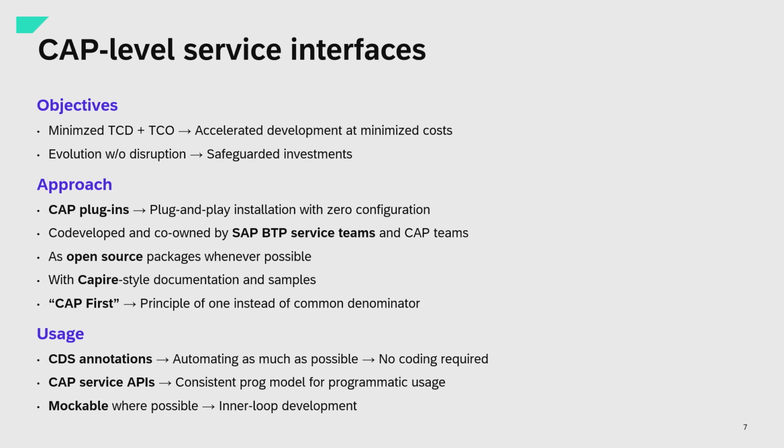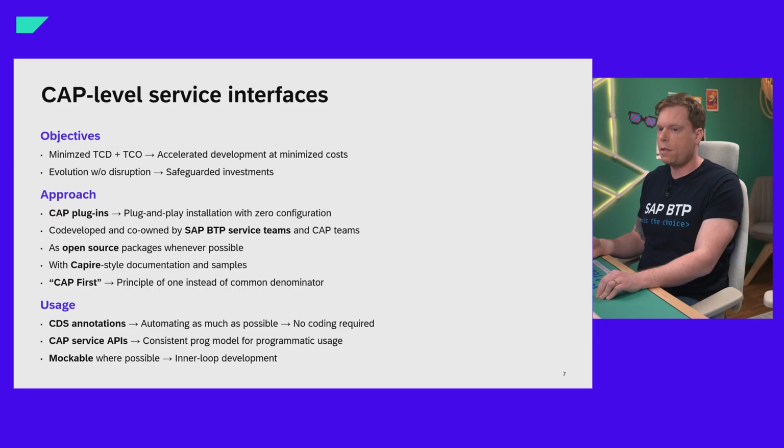Plugins are a plug-and-play installation with zero or near zero configuration effort on your side. They will be co-developed by us, the CAP teams, as well as the SAP service teams. We try to release them as open source packages whenever this is possible, and we provide Capire-style documentation, including also samples.